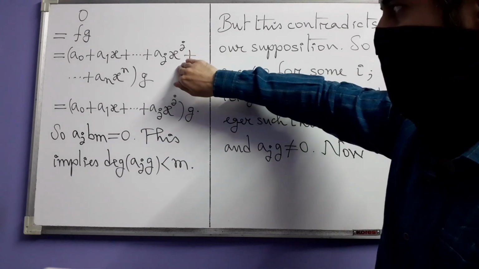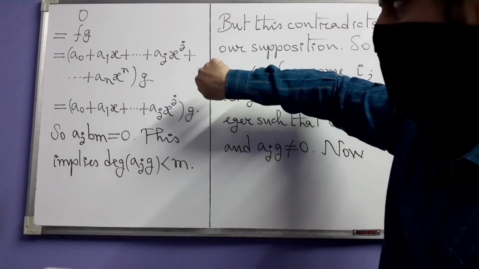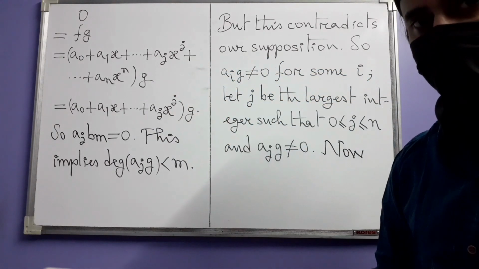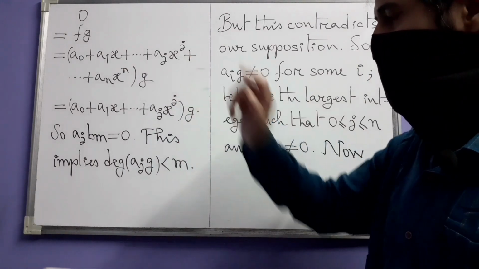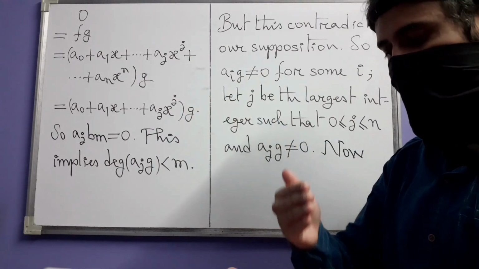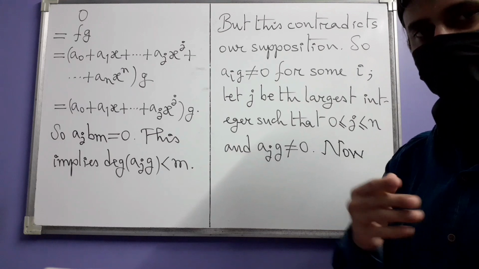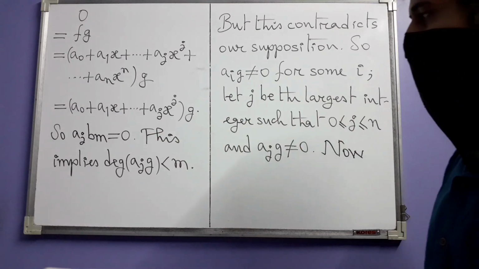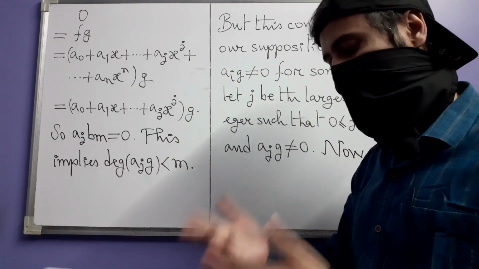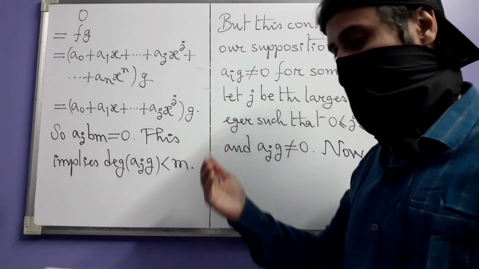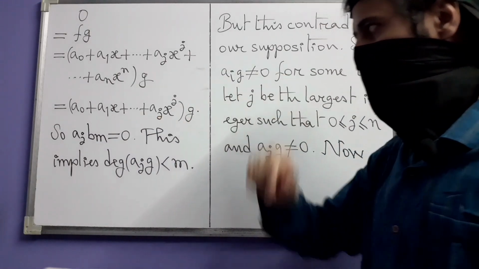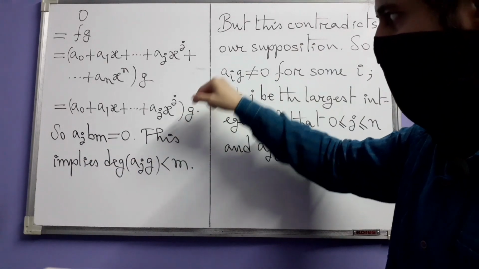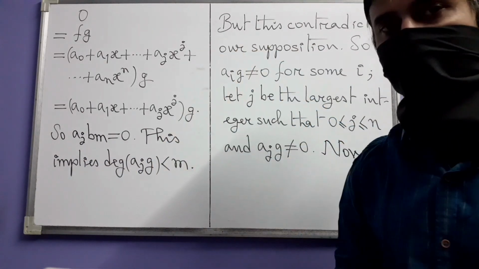So the terms that will come after this, after you do the multiplication, they will all be 0, because the very next one will be a_{j+1} g x to the power j plus 1, that is 0, the next one is 0 and so on, right. So that is why after doing that and then again taking g common out, this is what you will be left with. Okay, so this polynomial times g is equal to 0.